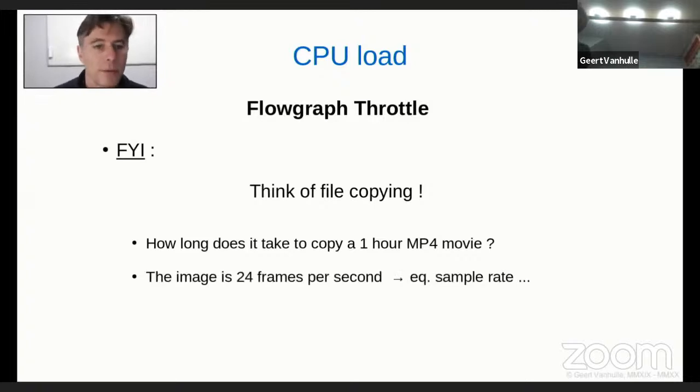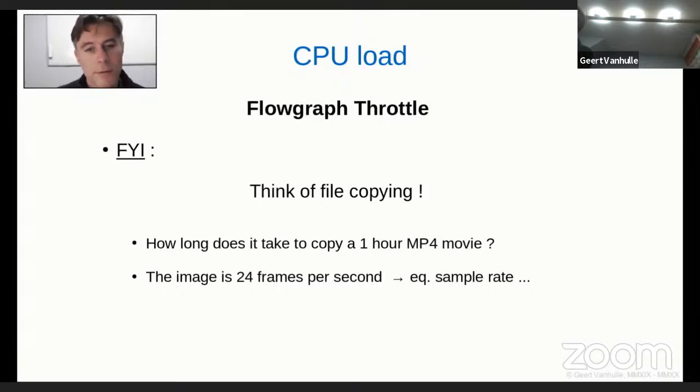Now, this movie contains images at, for example, 24 frames per second. So this 24 frames per second is actually some kind of a sample rate, right? So despite the sample rate being 24 frames per second, we can still process this movie a lot faster than these 24 frames per second.